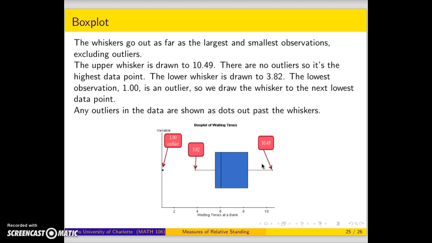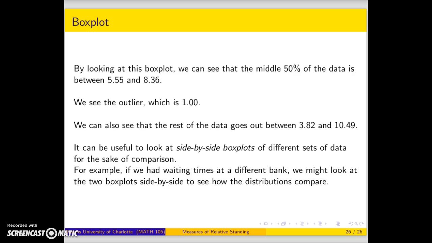So if you take the outliers out and then draw the whiskers, and then put the outliers in as dots, you can see where the middle 50% of the data is, you can see the outlier, and you can see where the rest of the data is. It can also be helpful to look at side-by-side box plots so that you can compare two distributions. And that's it for this lecture.